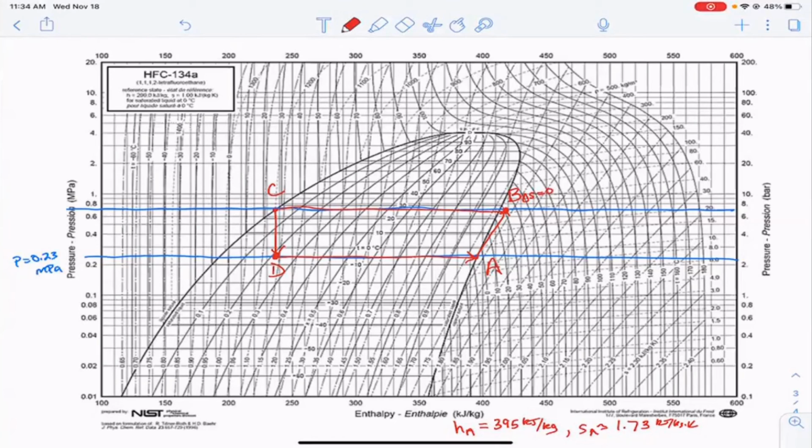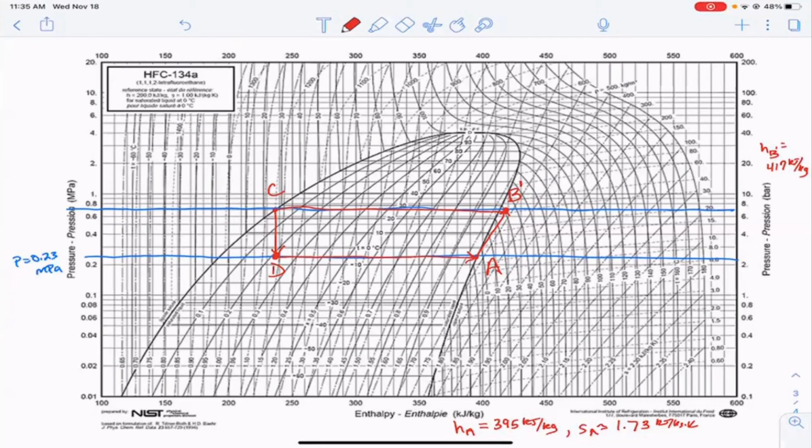And I can read the enthalpy for B there, right? So maybe the better thing, instead of calling it B, we'll call it B prime, right? So HB prime is the isentropic case. And we can find that if we go straight down. I estimated it to be something like 417 kilojoules per kilogram, okay?